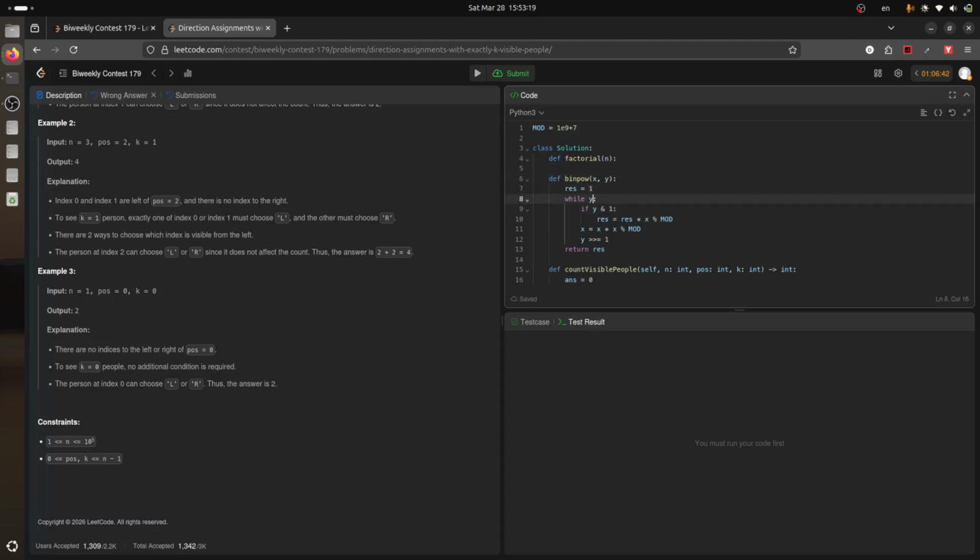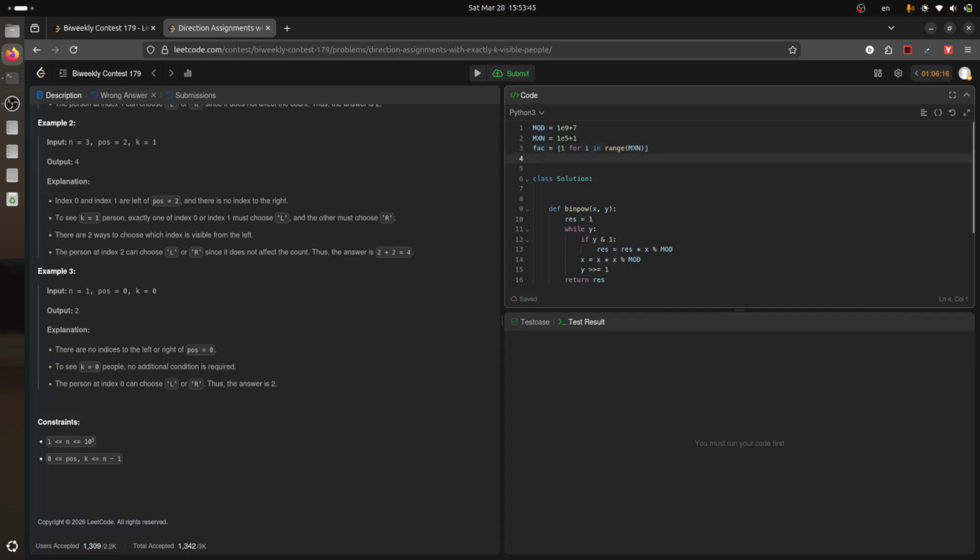This is 1, so that's modulo, right? Then we need some factorials to be pre-calculated. Not sure what's fastest. fac of 1e5 plus 1, for i in range max n.